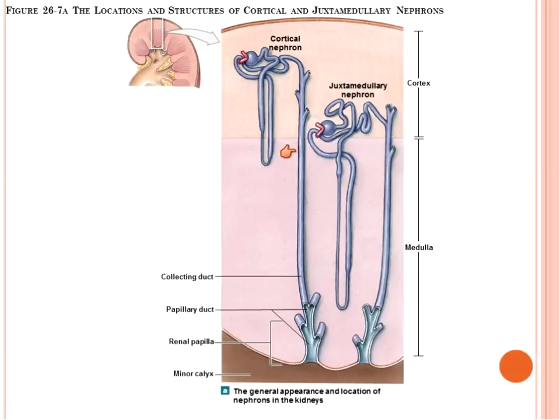So once the filtrate reaches a collecting duct, we can now finally call it urine, and the urine will then go down into the renal papilla, where it will be collected into the minor calyx, and then all of the minor calyces will then group into the major calyx, and then they'll go out of the ureters and into the kidneys.